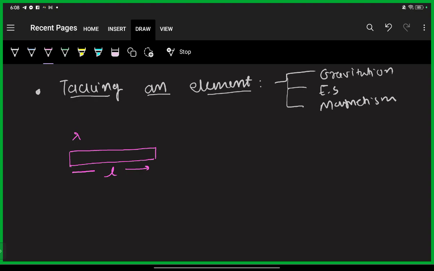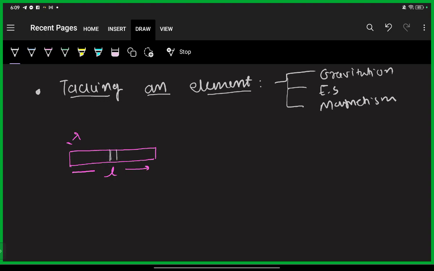Almost always they will give you a lambda charge density, and they ask you to find the electric field at this point or whatever. So first, if you encounter any rod with a lambda charge density, just take an element anyway.